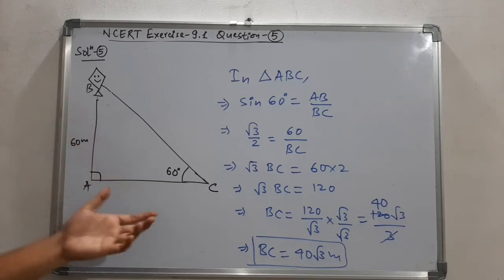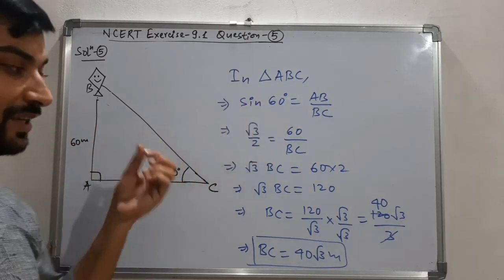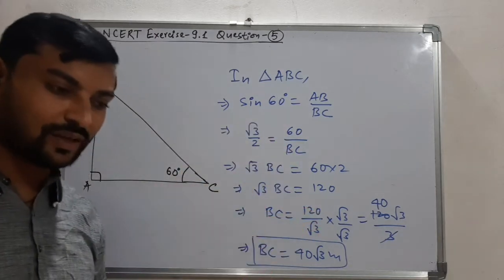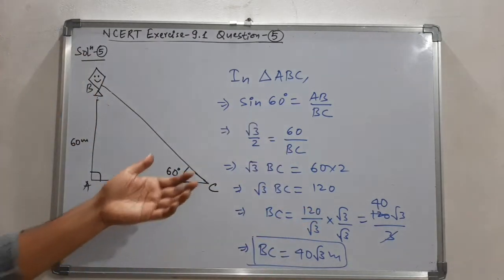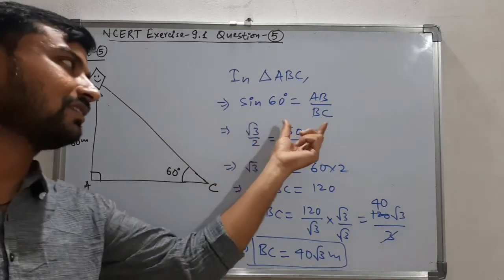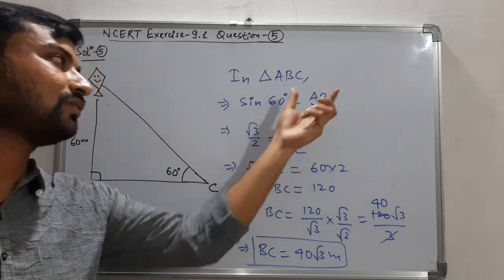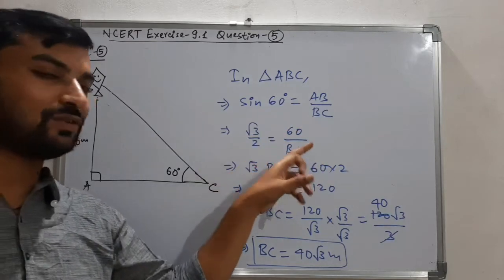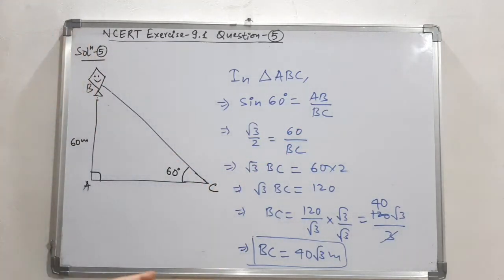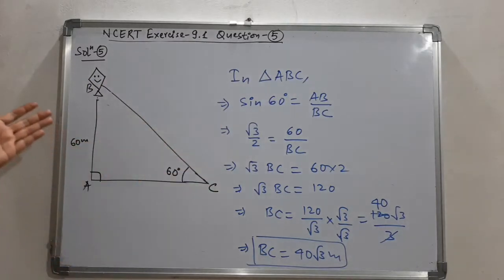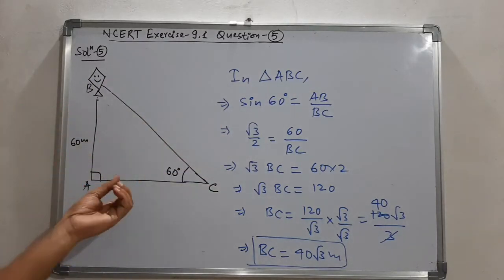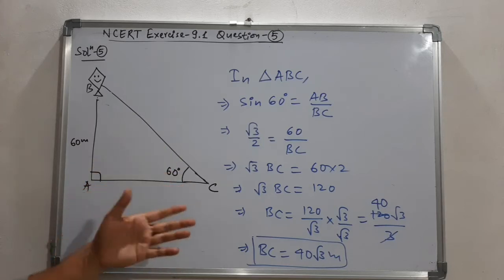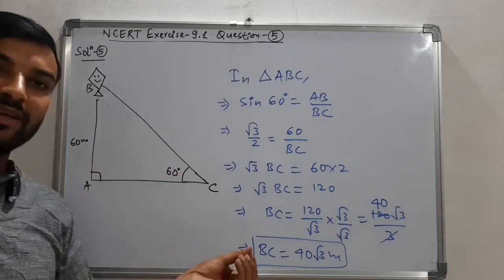So when we use the simple trigonometric ratios applicable in the situation to get the unknown side, here always we have to make sure that out of these two values, the numerator and denominator, one value should be known and other one should be unknown. It can be anything. So we have to use the situational trigonometric ratio given in the question, and then we have to find the unknown in the question.